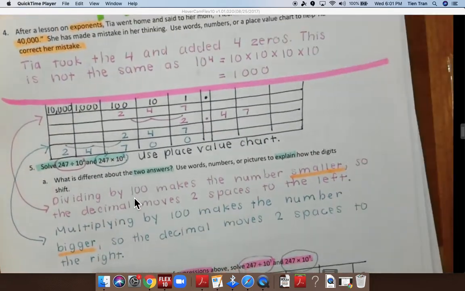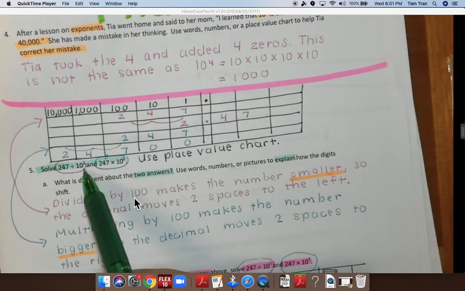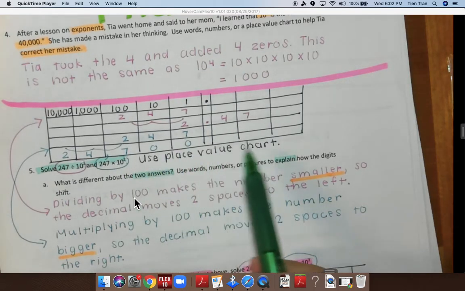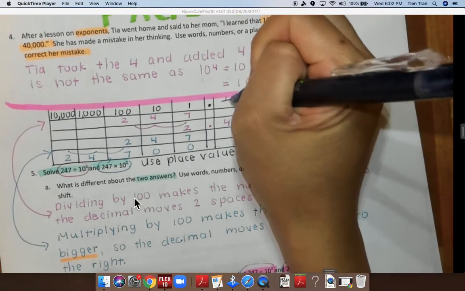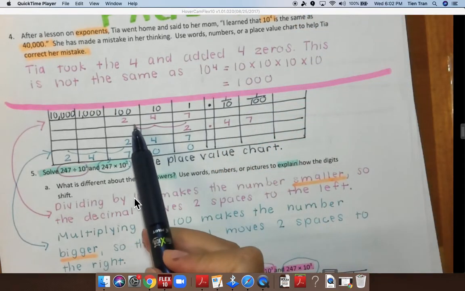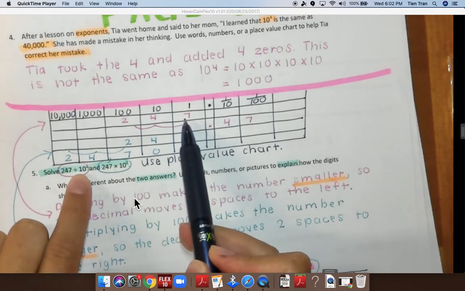Now, for problem 5, it asks you to solve 247 divided by 10 to the power of 2 and 247 times 10 to the power of 2. So what I did here was I used a place value chart, okay? I made sure that I had a place value chart so that you guys can see what that would look like. So I plugged in 247, this is the problem I'm doing right here, and then divided by 10 to the power of 2.